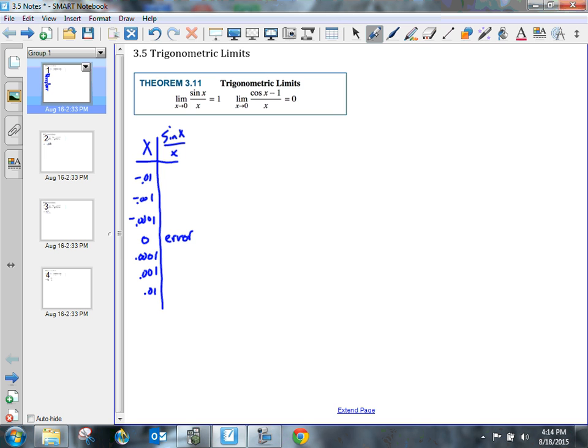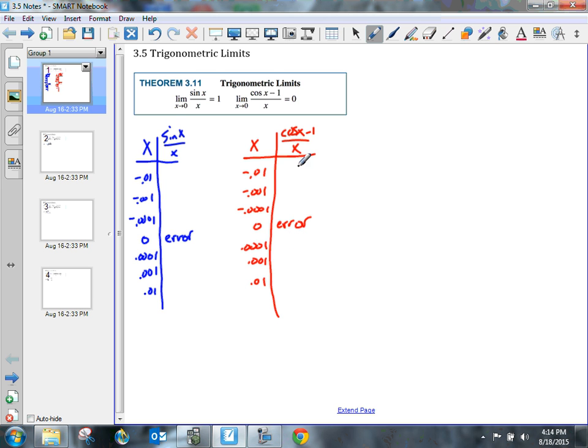I'm also going to do the same thing for this other one, cosine of x minus 1 over x. So I'm going to plug in values for x, and it'll give us values of cosine x minus 1 all over x. So I'm going to plug in negative 0.01, negative 0.001, negative 0.0001, 0, that will give me an error, and then 0.0001, 0.001, and 0.01.